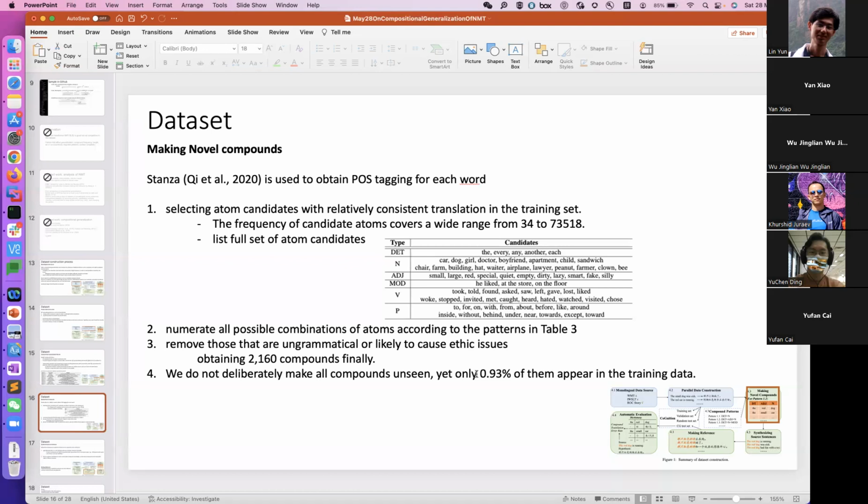Anyway, I think we will not spend too much time here, but the overall abstract idea is that there must be a way to compose a new sentence which leverages the knowledge of the old sentences. We're going to check whether the newly composed sentence will perform well, after all the atoms have been seen in the training data set. We want to see whether they can compose well in the testing data. So this is the abstraction, right? Yes. Okay.